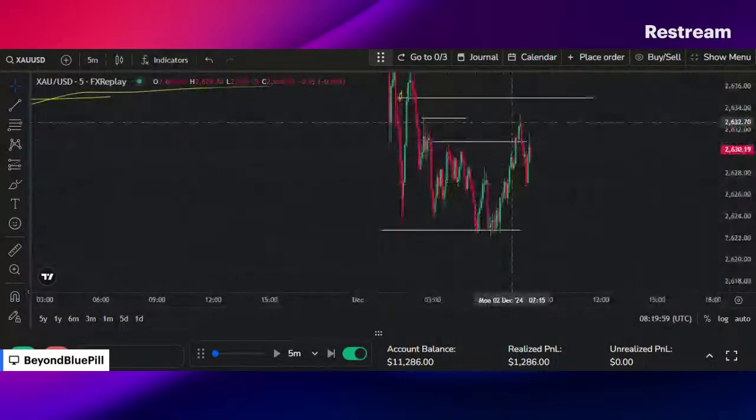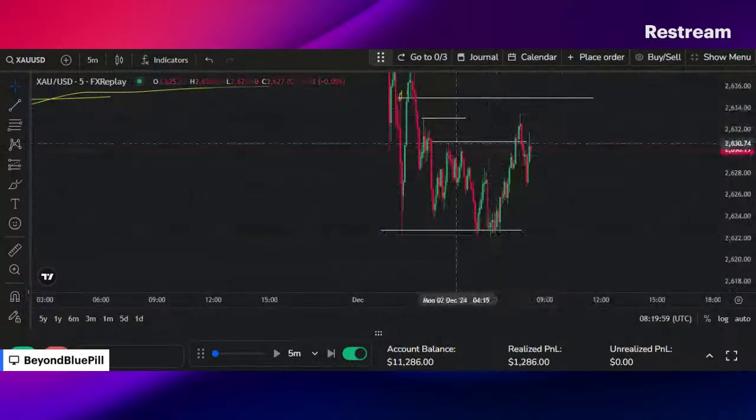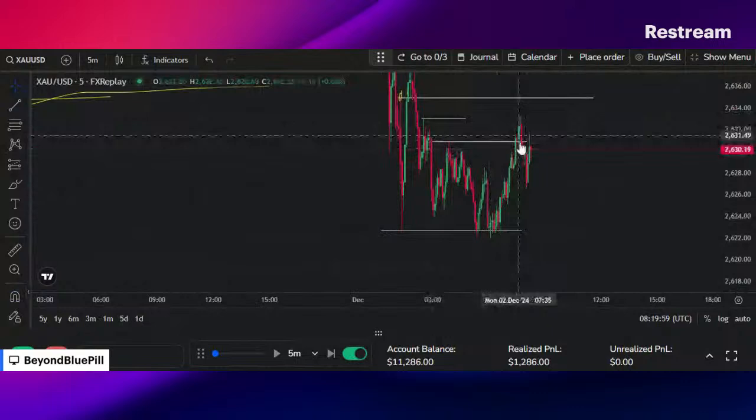So we traded up above this. We close. Fail. This one is a closer. First step. Double bottom. About to run it.